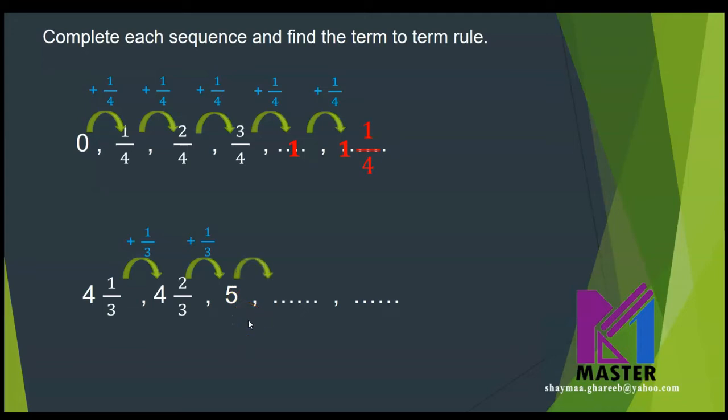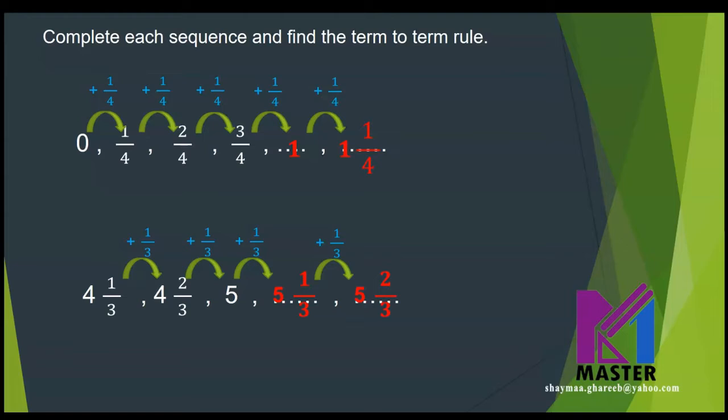After the 5, when I add one more third, it will be 5 and 1/3. Add one more third, it will be 5 and 2/3. If I want to add one more third to this term, it will be 5 and 3/3, which is, what do you think? Which is number 6. Then 6 and 1/3, 6 2/3, then 7, 7 1/3, 7 2/3, 8, and so on.